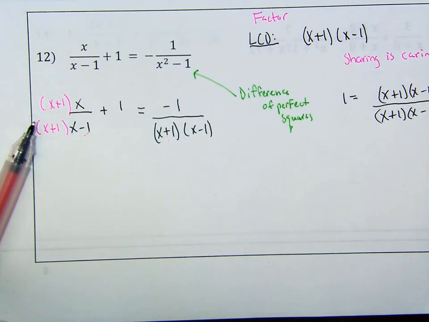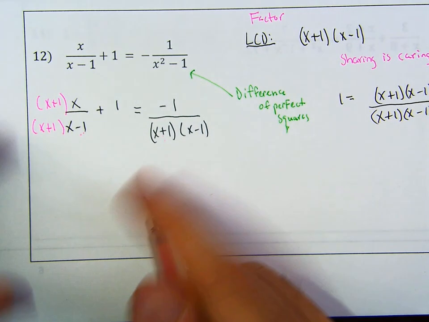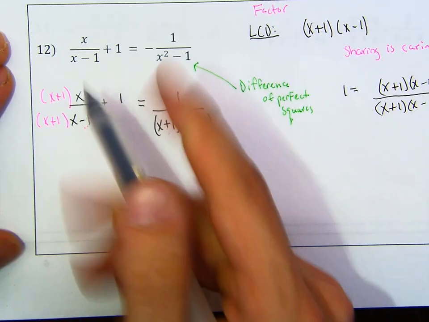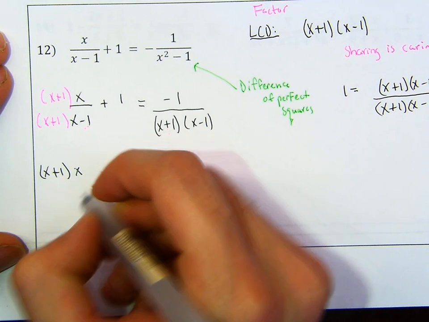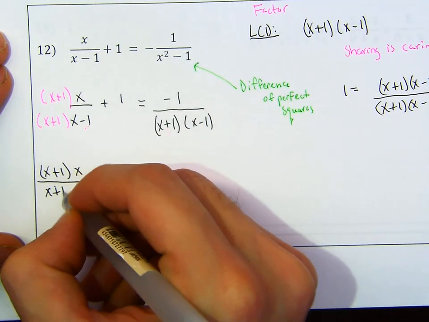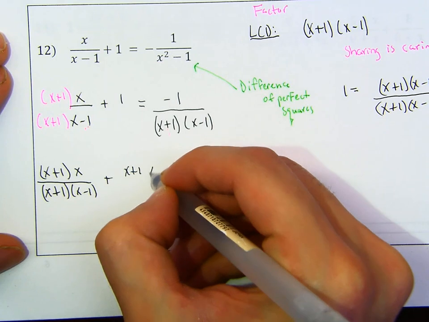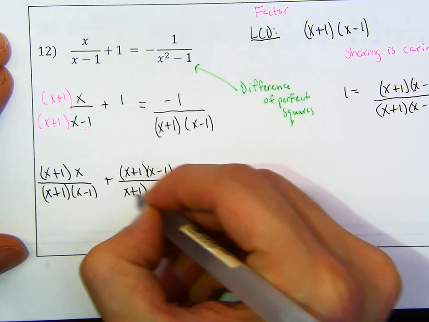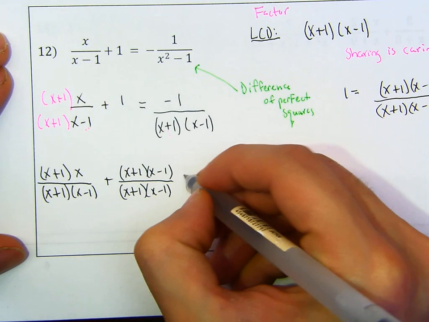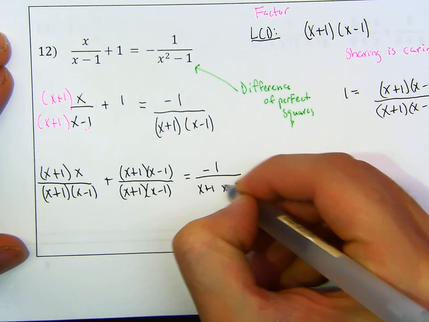Okay? And that's what we're going to do. We're going to substitute this 1 for this. And now what does it become? We have x plus 1 times x over x plus 1, x minus 1, plus x plus 1, x minus 1 over x plus 1, x minus 1, equals negative 1 over x plus 1, x minus 1.